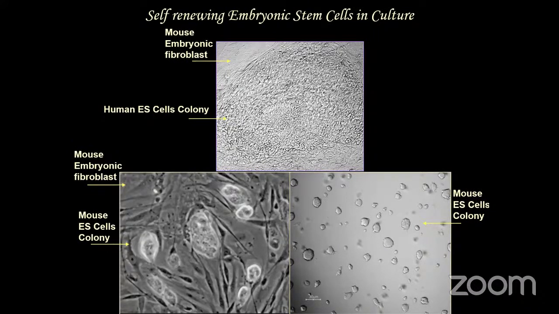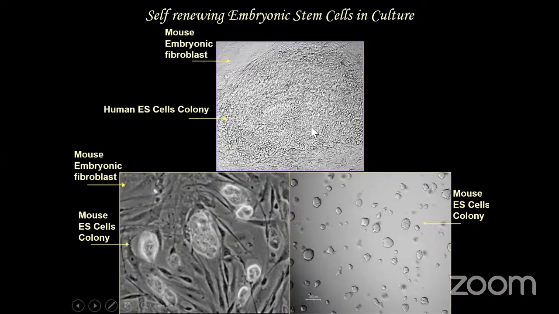Since these cells are pluripotent, unless we maintain them in an unspecialized state, we cannot direct them to cells of our interest. They will lose their pluripotent nature. So we try to manipulate the culture conditions and maintain the cells in an unspecialized or undifferentiated state.